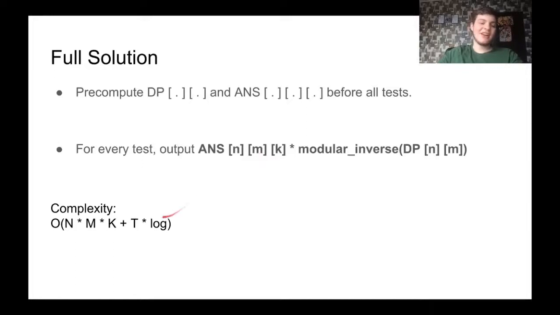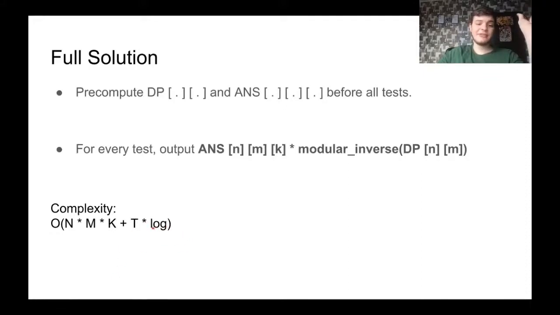The complexity, okay, here I actually have a typo. It should be k squared, because the first part is basically the number of states, and we have k transitions for each of them, so we have k squared here. And we also need to solve every test.